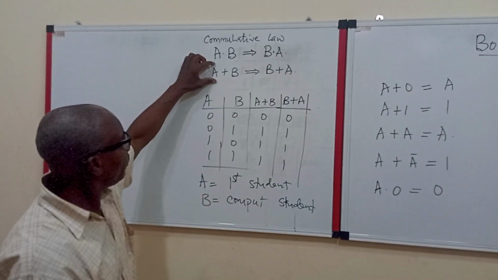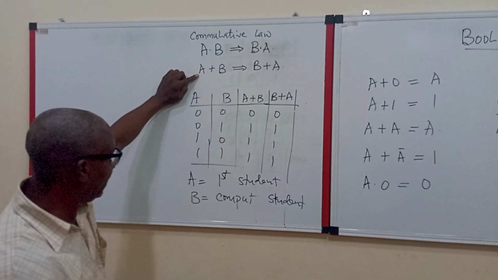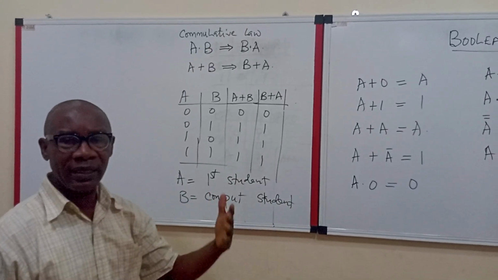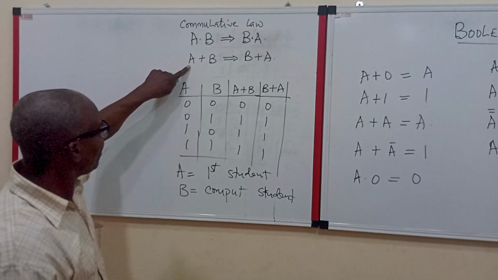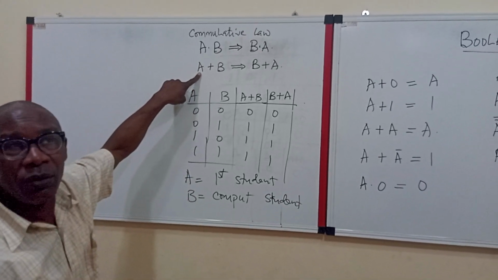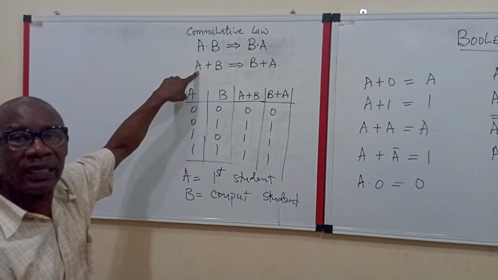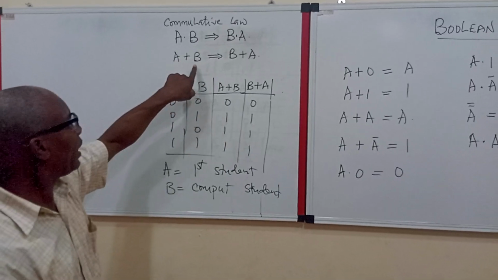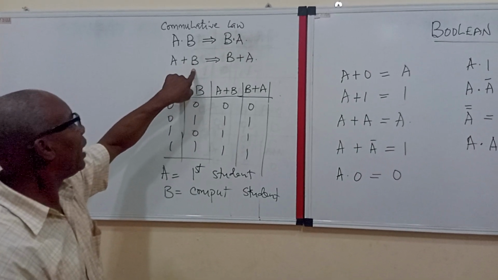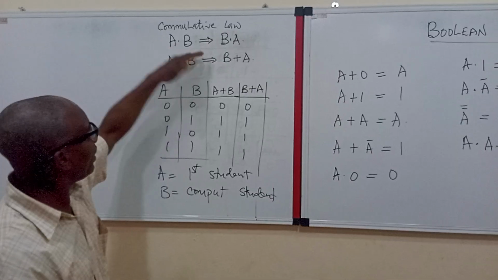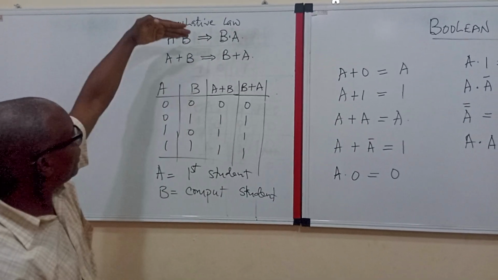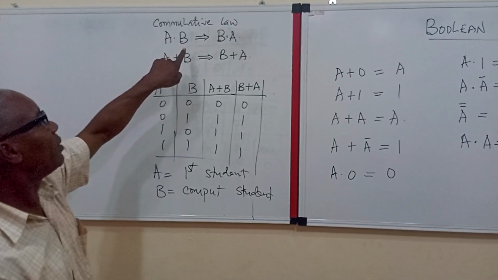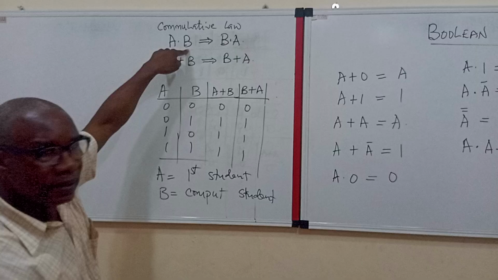Now, if we go from this route, for you to select those students who meet this criteria, you can first of all look at all the first class students in NDU, which is now A. We use this to demonstrate this. All the first class students in NDU and in computer science.